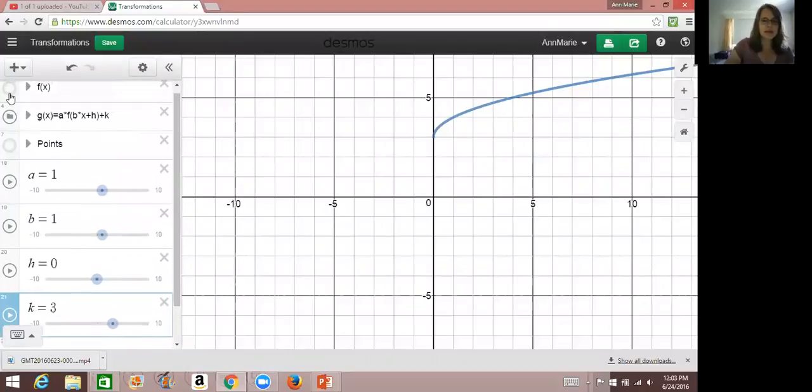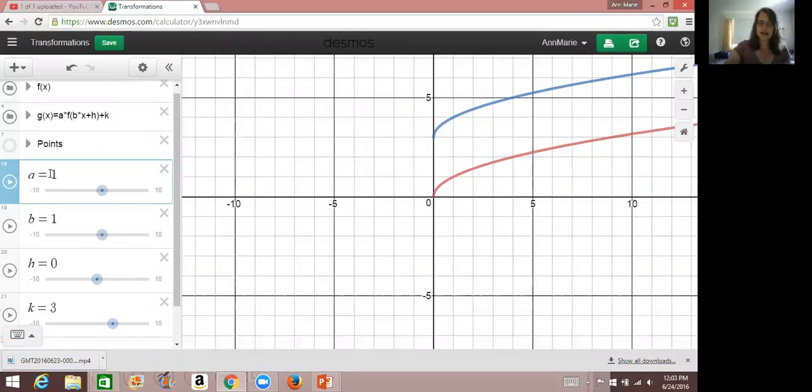That gave me a vertical shift of 3 units. And I've got a -1 multiplier here. So my a is -1. So it gave me a vertical shift of 3 units up.